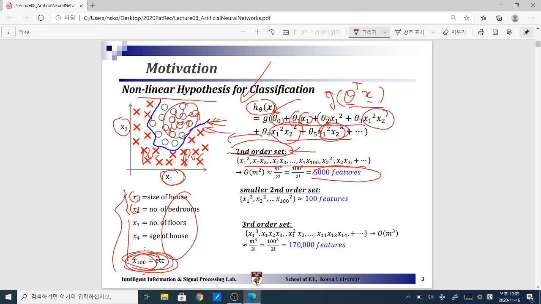The reason is because we have this order of computation, which is roughly m squared over 2 factorial, where m represents the original number of features, and the power, the square there, represents the second order set. So this means that any of the combinations, say xi and xj, can be used as the polynomial terms to coincide with each of these parameters.